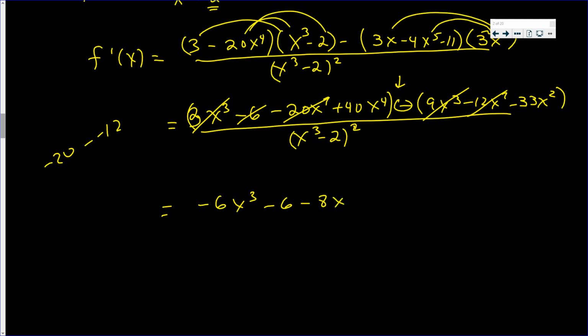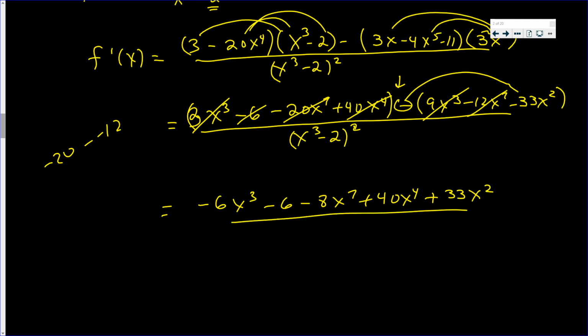Negative 8x to the 7th. And you have 40x to the 4th. And lastly, you have to take away negative 33x squared. And this all gets divided by (x cubed minus 2) squared. Good luck factoring the numerator. Leave the answer like this.